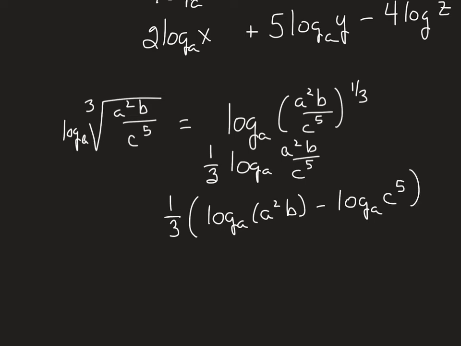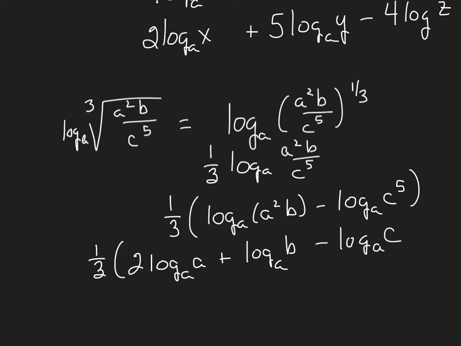And we can expand again. I'm going to have the log base a of a squared, but I'll go ahead and put that 2 in the front, plus the log base a of b minus the log base a of c to the fifth, but I can move that 5 to the front.